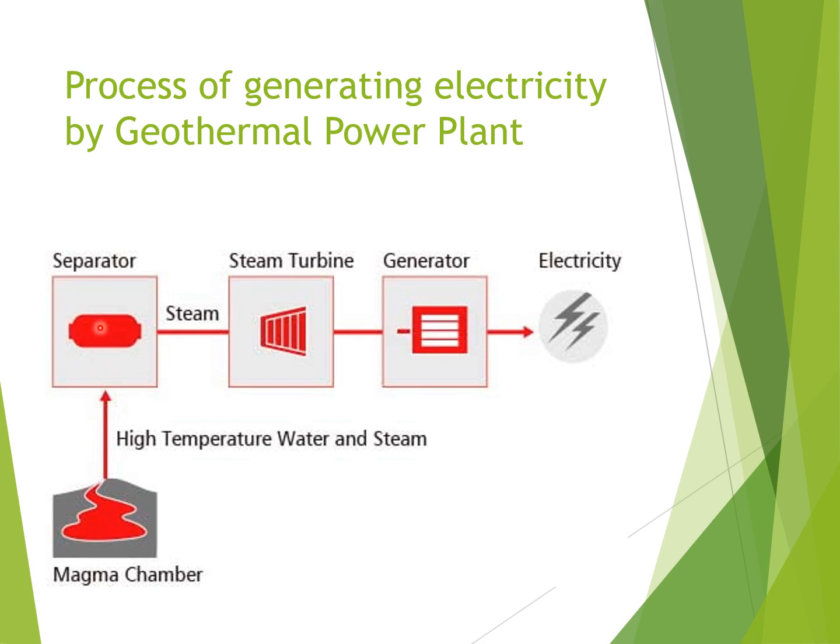The separator pressurizes the steam and feeds it to the turbine, where the turbine starts rotating. With the rotation of this turbine, the generator also rotates, and with this rotation of the generator, electricity is produced and supplied.